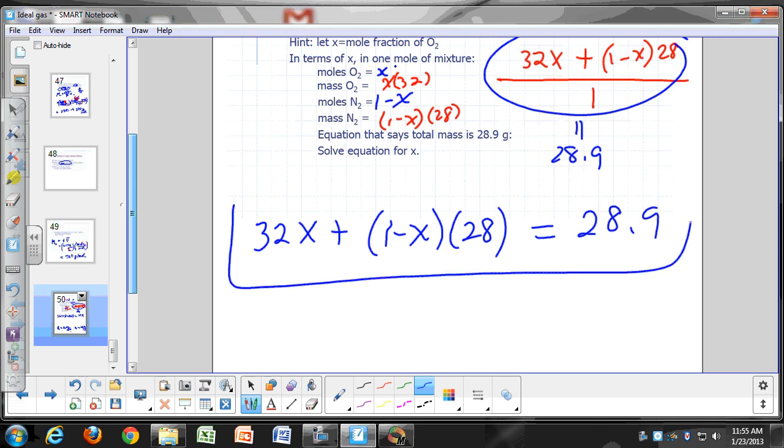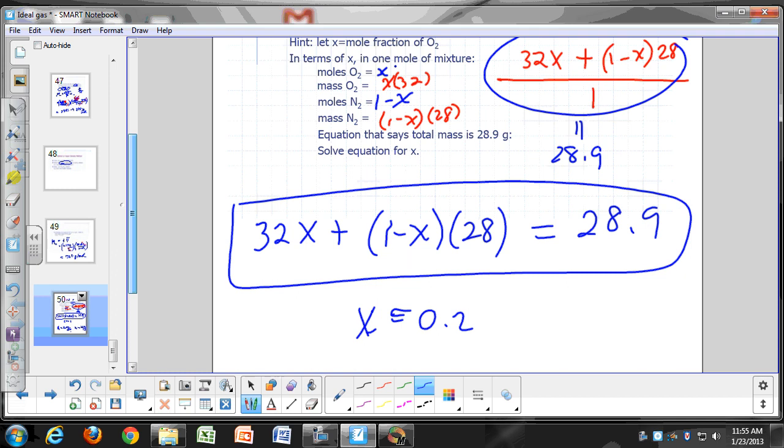Solve for X. And that part is just algebra, right? And you should see that X would be around 0.2, somewhere close to 0.2, 20% oxygen. Okay, air is about 20% oxygen, about 80% nitrogen.